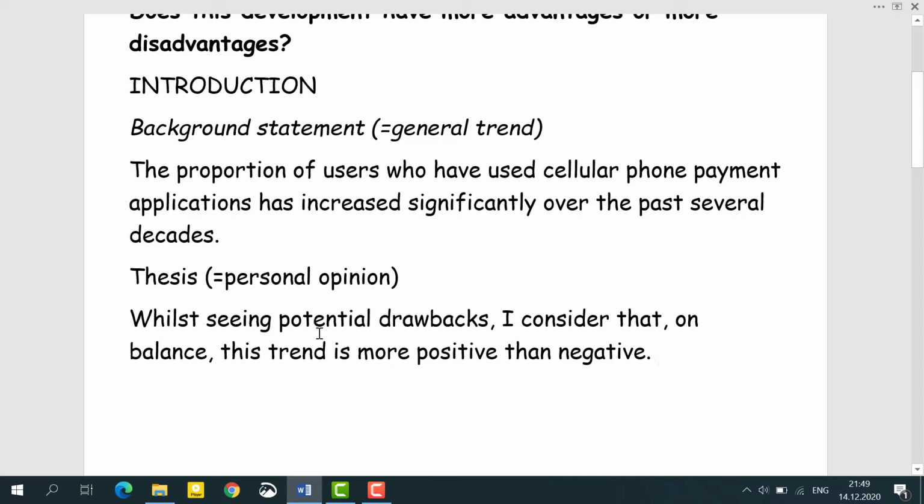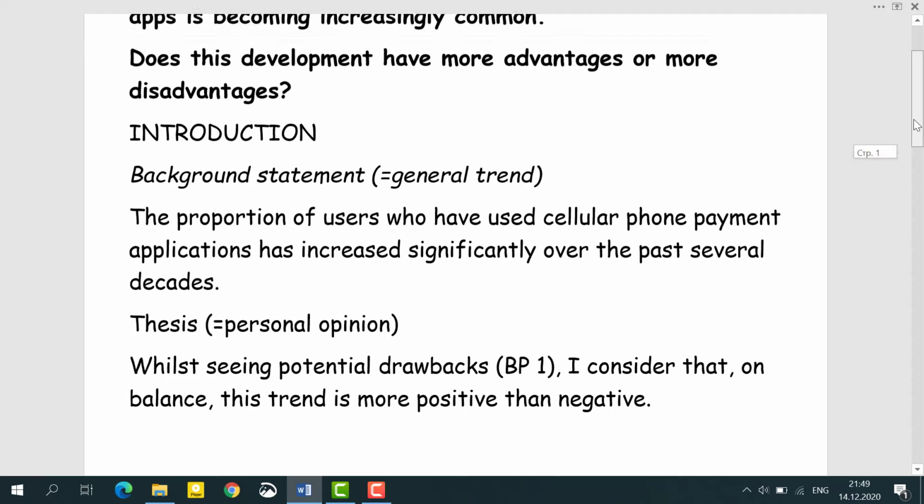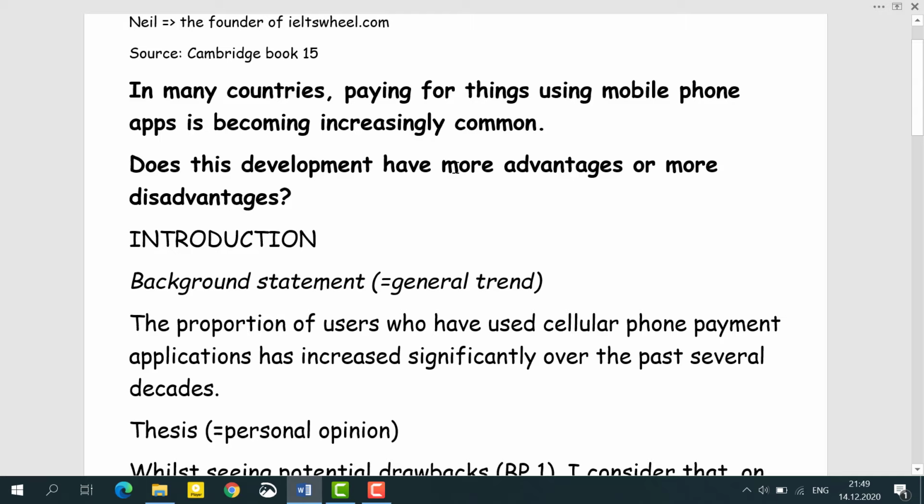So the idea is we are going to analyze both of these aspects. While seeing potential drawbacks, potential here means possible drawbacks, and I'm going to describe this part in body paragraph 1. Then I consider that on balance. Why on balance? Because the question is, does this development have more advantages or more disadvantages?